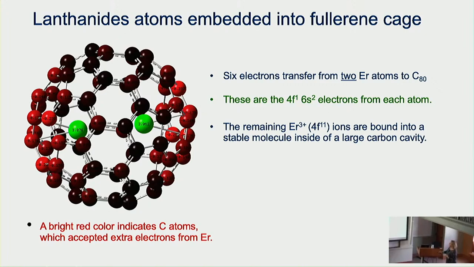The red color shows those carbons which are affected by this interaction with erbium. But the remaining core is left purely as an f core, 4f, with 11 electrons on it.